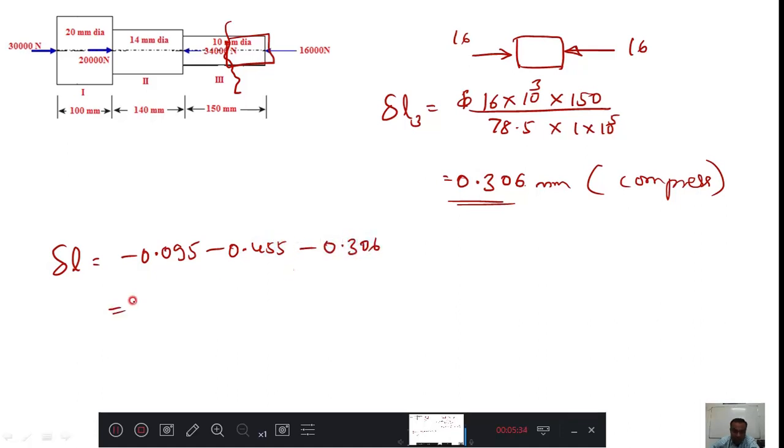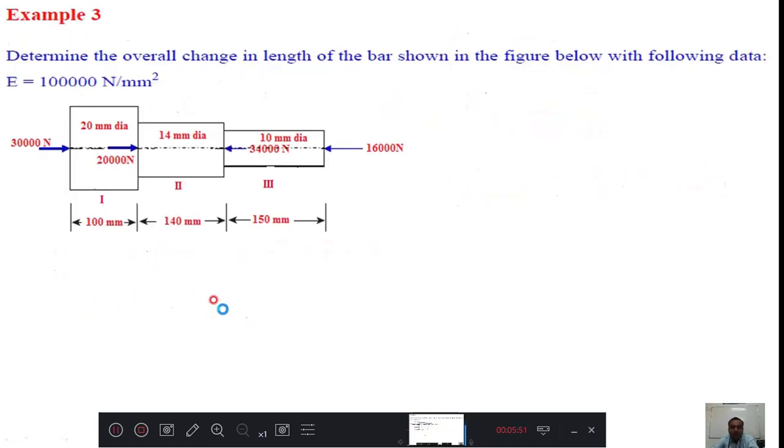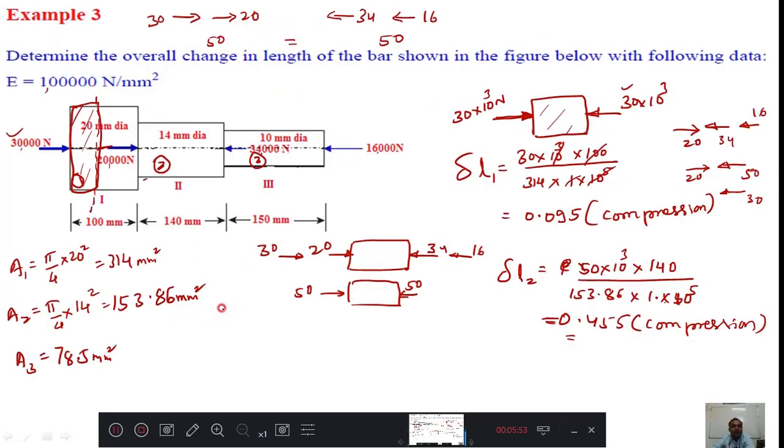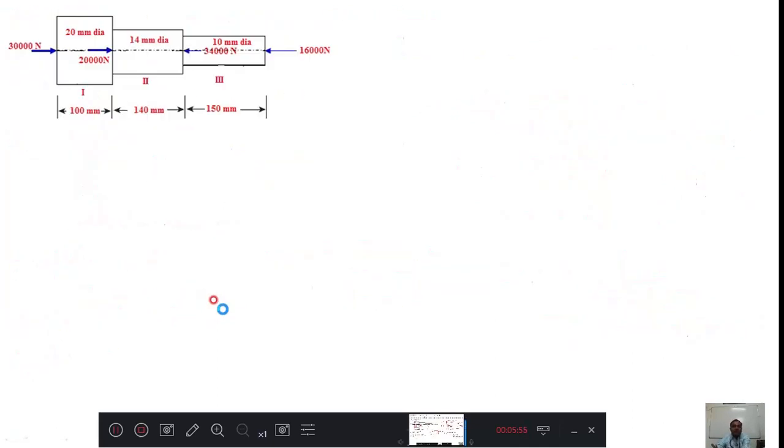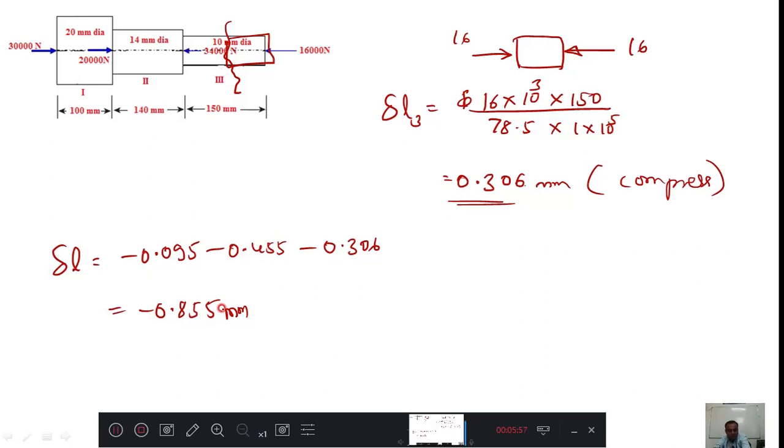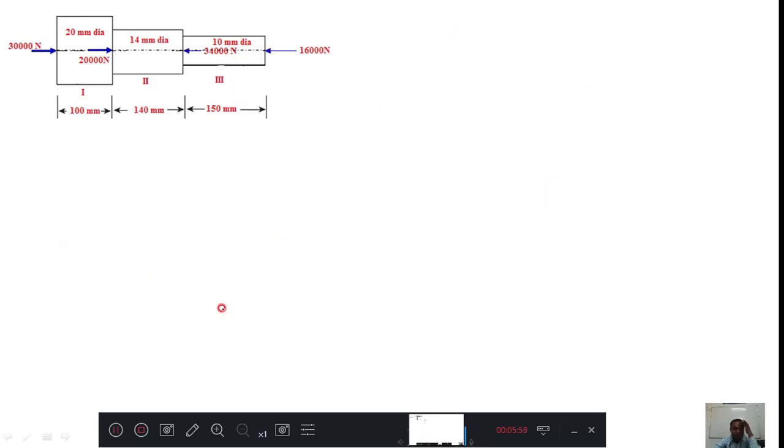The total answer is minus 0.855 mm. Okay. What do they ask? Determine the overall change in the length. Overall change in the length is minus 0.855.